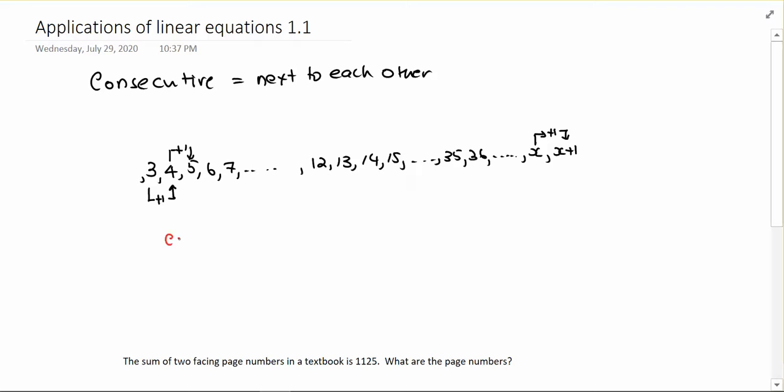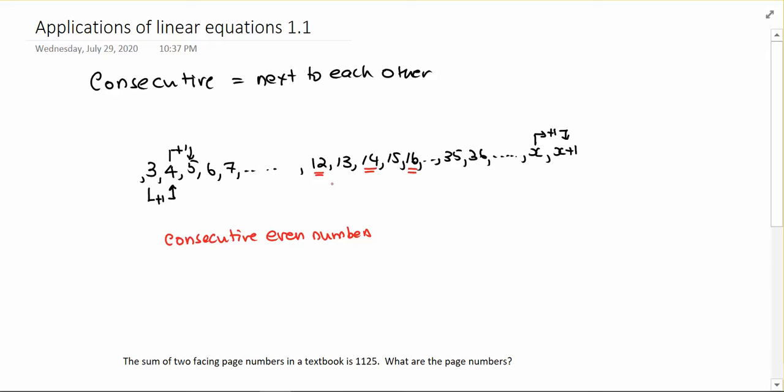Consecutive even numbers. Even numbers, of course, are like 4 and 6 and 8 and so on. Over here, we have 12, that's an even number, and the next even number is 14, so 12 and 14 are considered consecutive. And if I were to sneak in a 16 there, then 14 and 16 are considered consecutive.